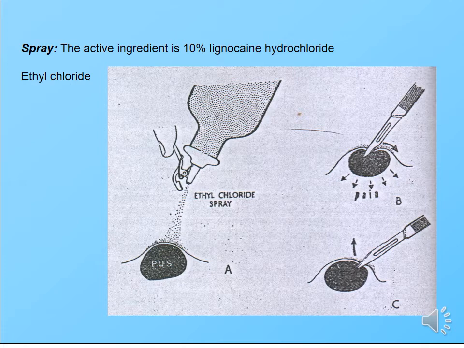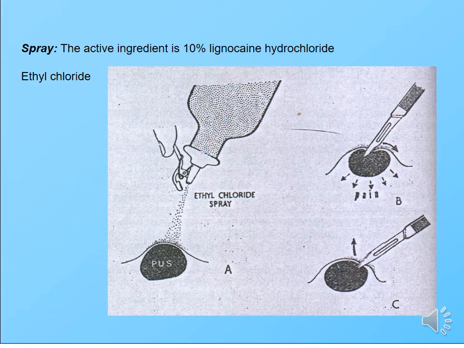Another one used as a local anesthetic is ethyl chloride. Ethyl chloride spray freezes the skin or mucosa that it supplies. So if you push some spray of ethyl chloride, the skin freezes, so the nerve does not work, and you can easily do simple techniques like drainage of pus.